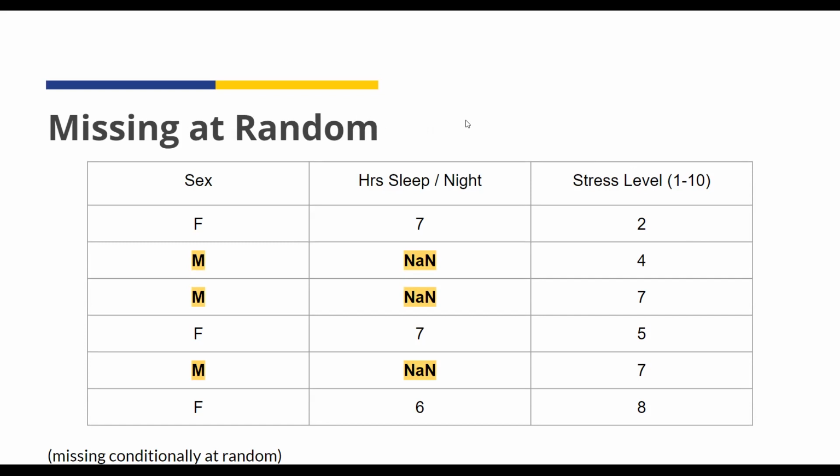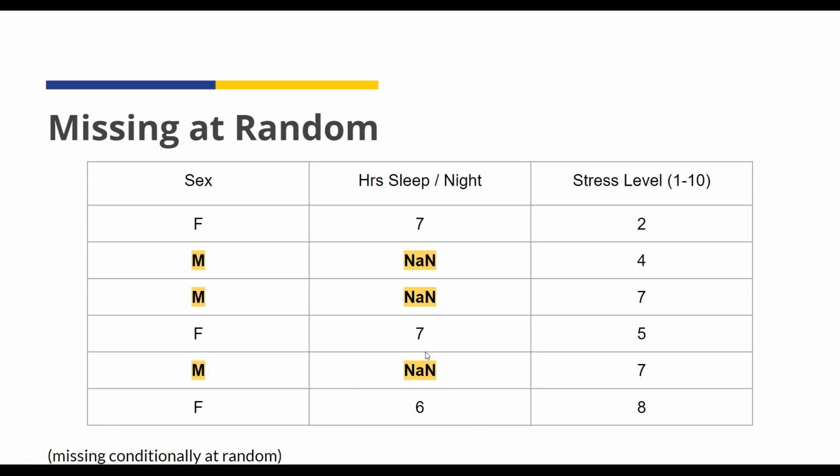So in this case, say we notice that all of our missing values are here because male participants in this study, for some reason, were less likely to record how many hours of sleep they got per night, and notice that each of the missing values here are marked male. So maybe that's a reason why. There's obviously a correlation between one aspect of the participant and their missing values.